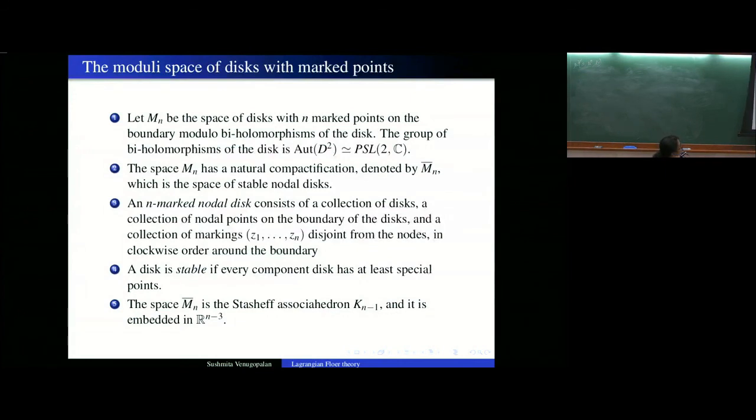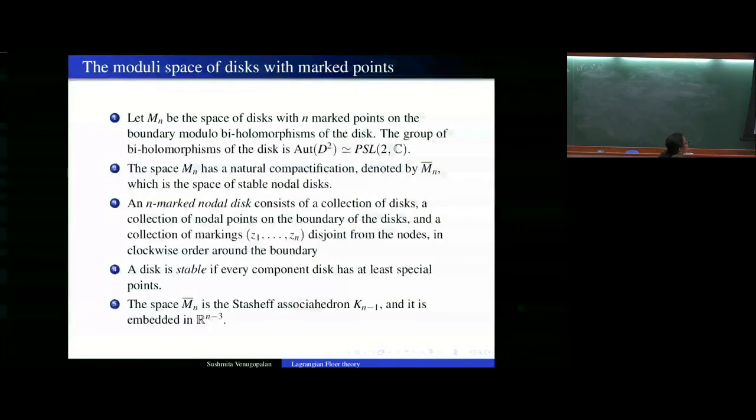So the moduli space of disks with marked points is denoted by M_n, and it is the space of disks. You think of this as a unit disk in the complex plane, and it has n distinct points on the boundary, and you mod out by biholomorphisms.